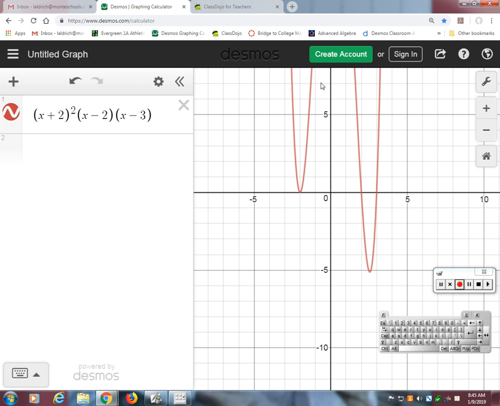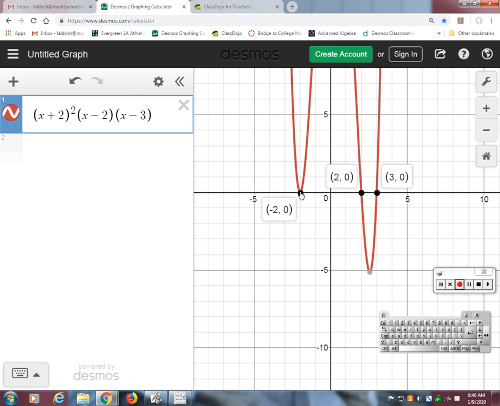And the reason why this matches with the squared is because if I look at just this little piece right here, what does it look like? A parabola, and parabolas come from x squared, okay? So when you square one of the zeros, then this becomes sort of like the vertex of a little mini parabola. And then over here at x equals 2, it just crosses the 1, and same with x equals 3, okay?